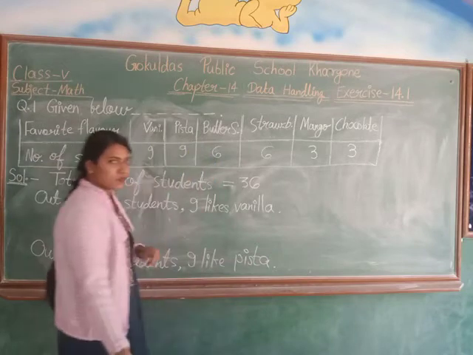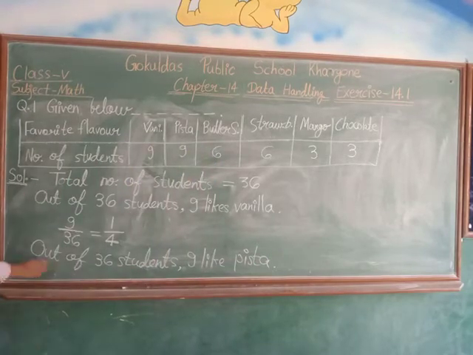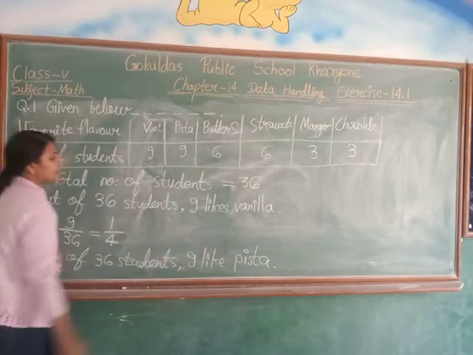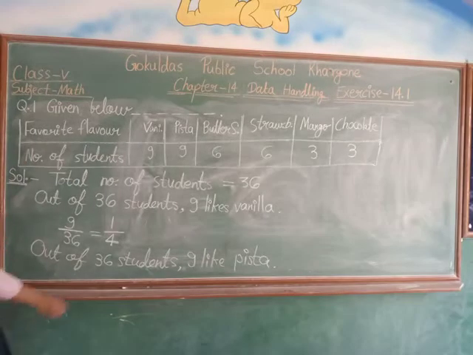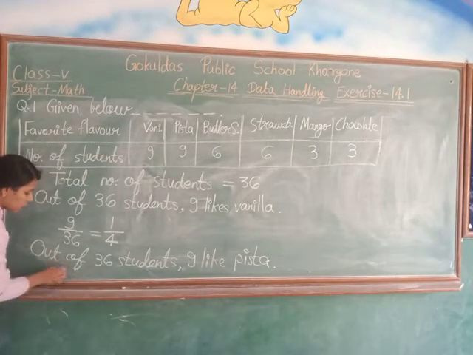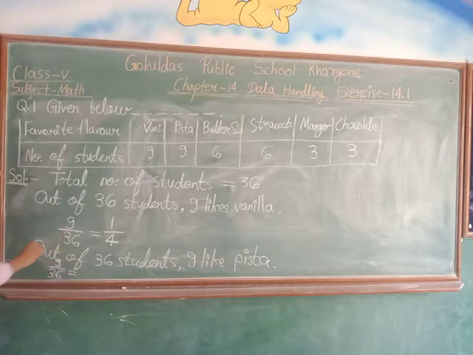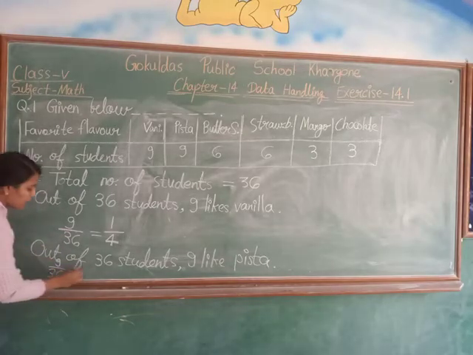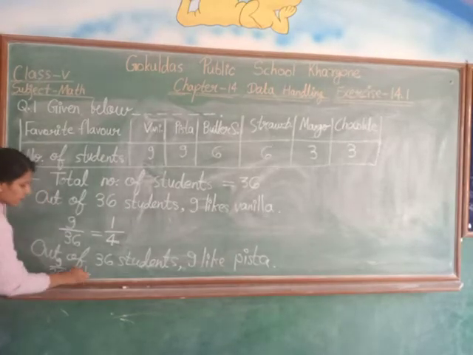Here we are talking about ice cream flavors. As 36 is the total, we always write the total in the denominator part. So in the next line write 9 upon 36, and when we simplify it, it becomes 1 upon 4.